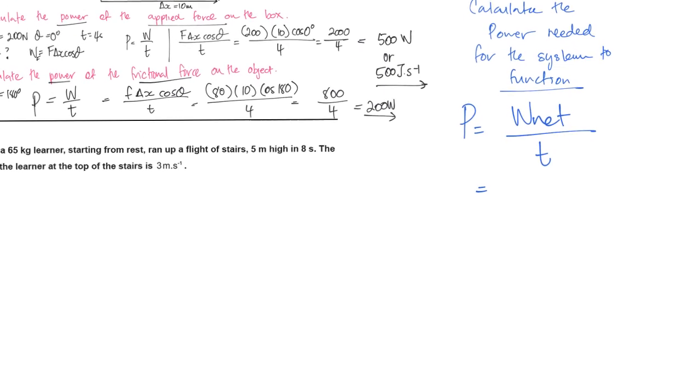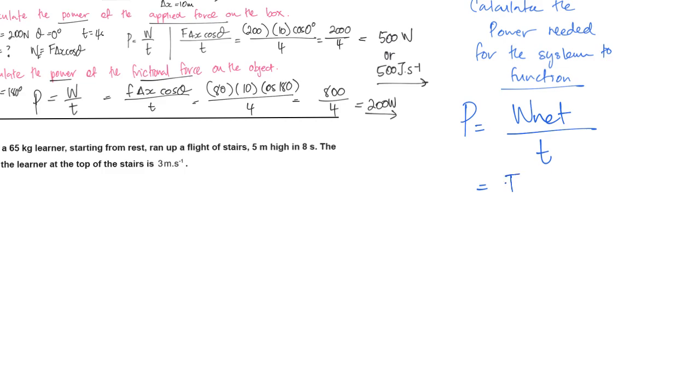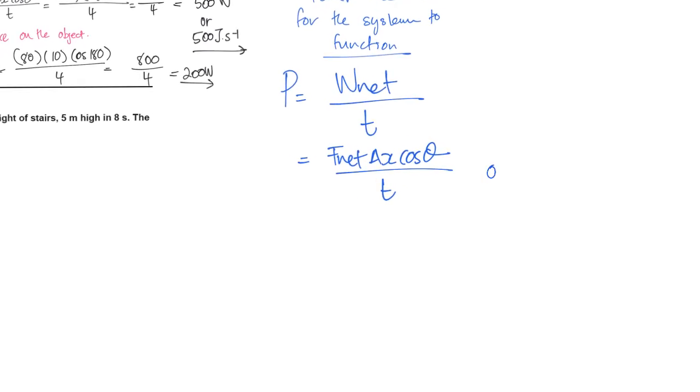Now my W net would be F net, right, delta X cos theta all over time, or if you like method 1, it would have been F delta X cos theta plus F delta X cos theta all over time.